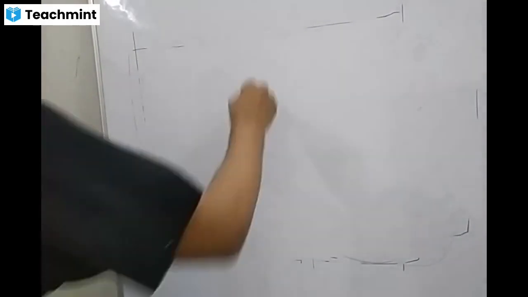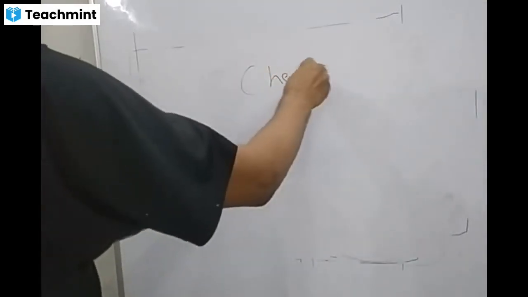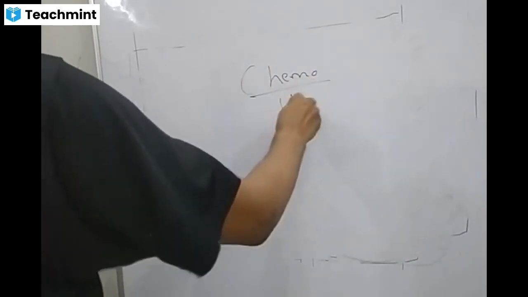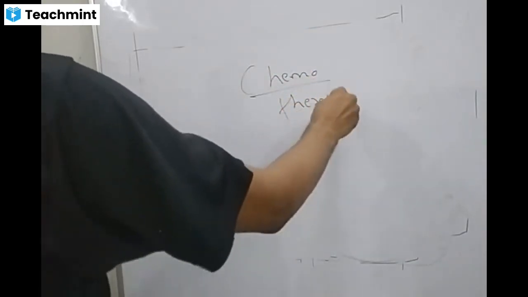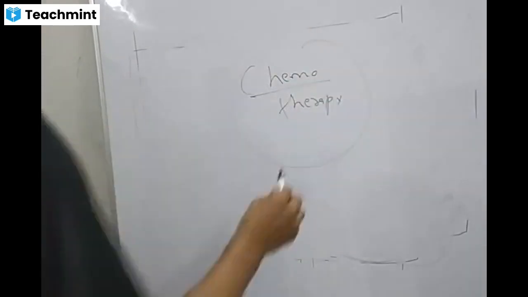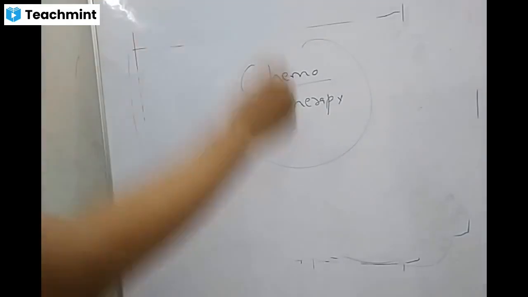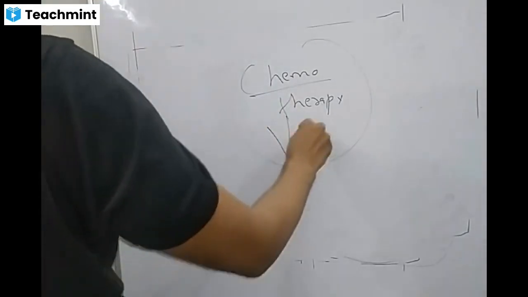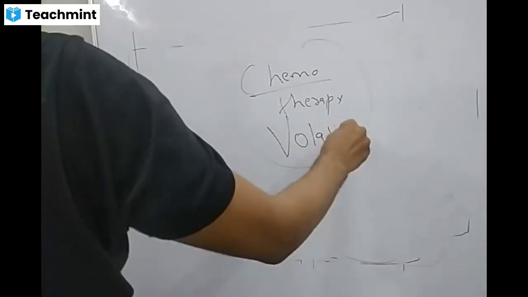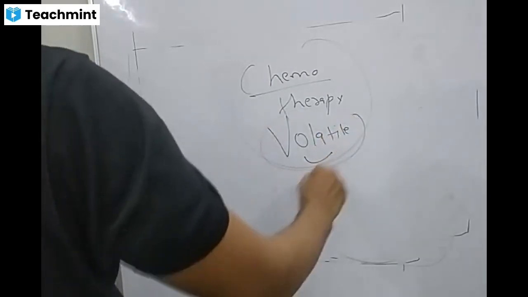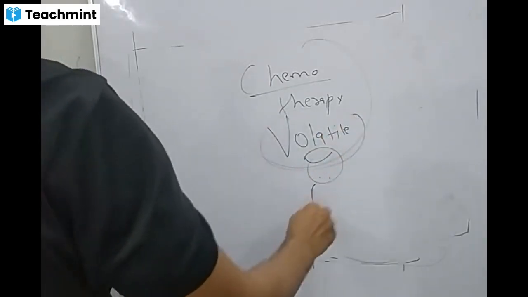So tomorrow we will start and finish our chemotherapy. That is very simple in the case of pharmacology, and a very, very volatile subject. If you read today, tomorrow morning you will forget everything.